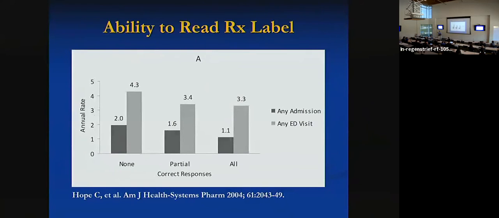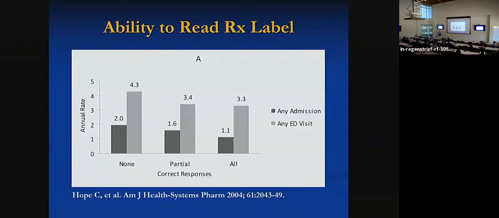Now this looks at an instrument that we developed back in the late 70s, when I first came here and did some work over in the clinics in the high-rise apartments. We asked the patients to read a label, and the advantage of that was that we could get an idea of their literacy in terms of their health literacy, but also their numeracy.